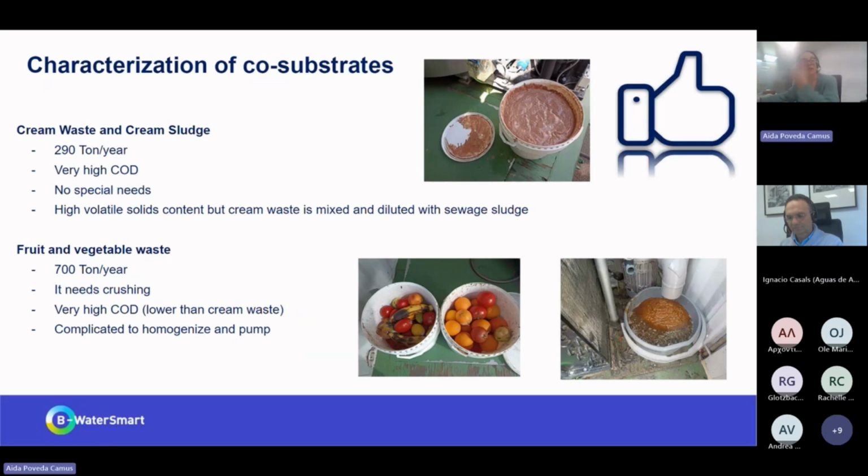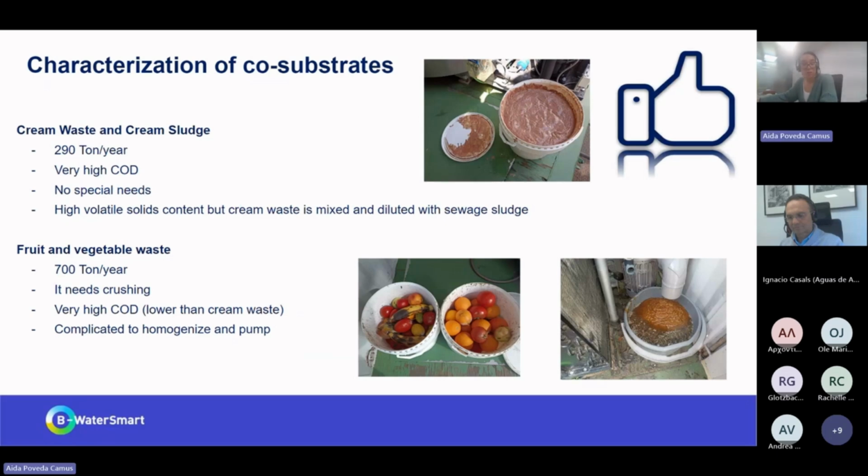And when we used the waste from the fruit and vegetable supplier and the ice cream factory, we obtained different results. First, the ice cream factory, we analyzed two wastes. One was from the cleaning of the machinery, and the other one was from the sewage treatment plant on site.